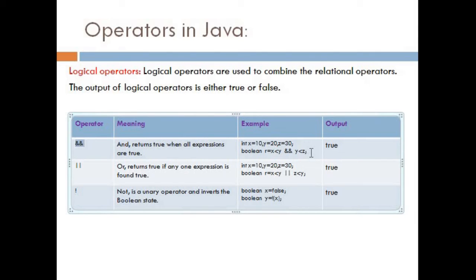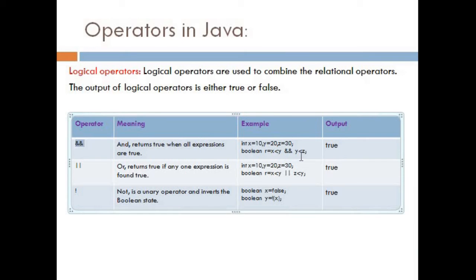And then in the second Java statement, a variable r has been declared with the data type boolean, and this variable r is equal to the expression x less than y and y less than z. Now this AND operator, as denoted by the 2 ampersand symbols, is combining two relational expressions. The first one is x less than y and the second one is y less than z.